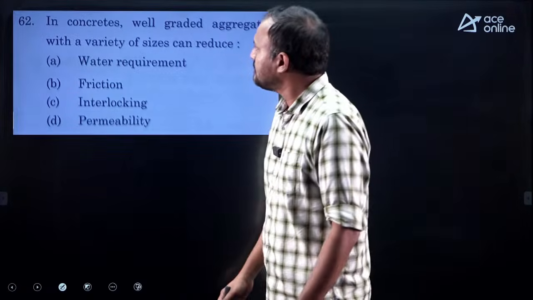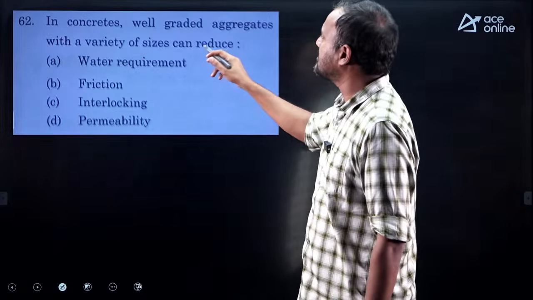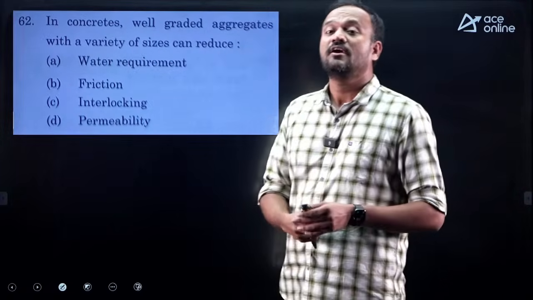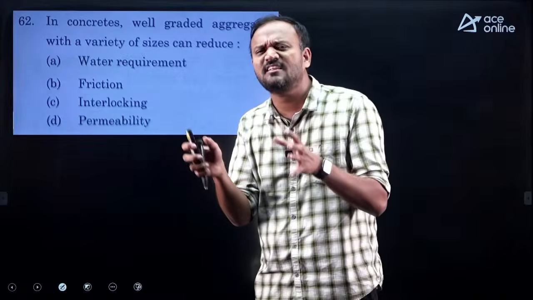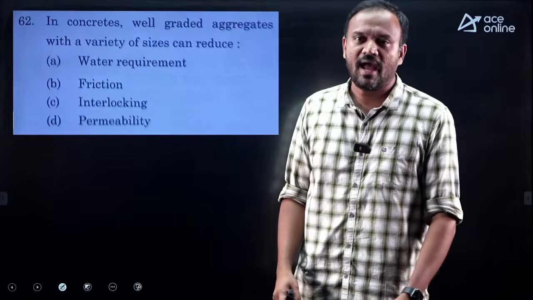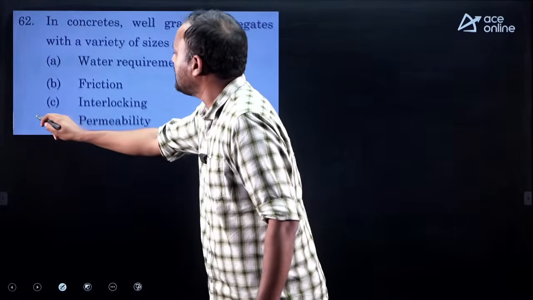In concrete, well graded aggregates with a variety of sizes can reduce permeability. When you are using well graded aggregates, your concrete is more compact, and because of that permeability is reduced.